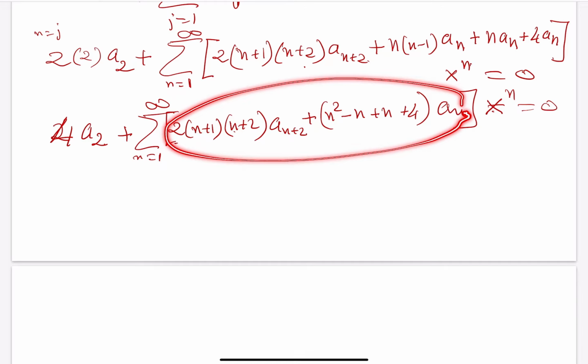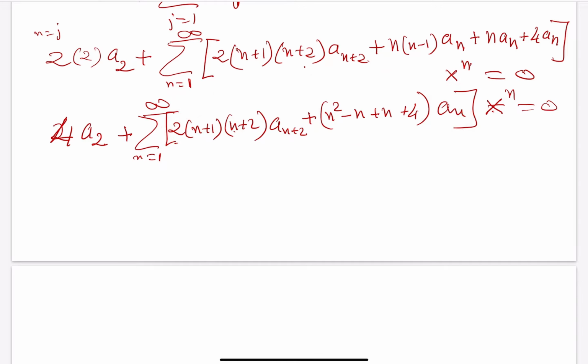That's the recurrence relation. So the recurrence relation becomes a_{n+2} is equal to, move this one outside, and this one will cancel out. If you move it outside, you have negative (n squared plus 4) divided by 2 parentheses n plus 1 parentheses n plus 2, times a_n.